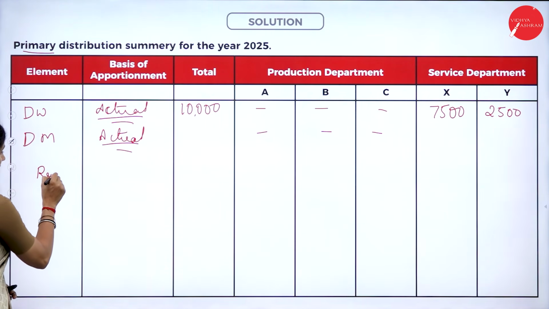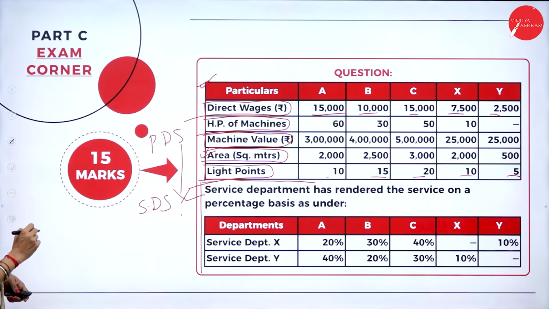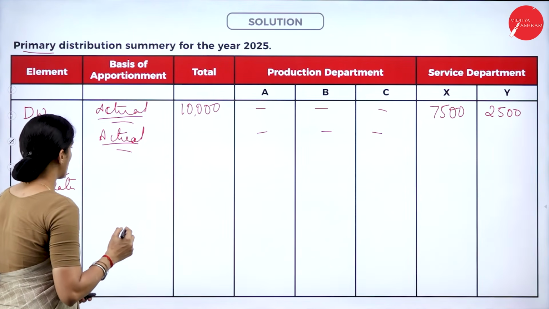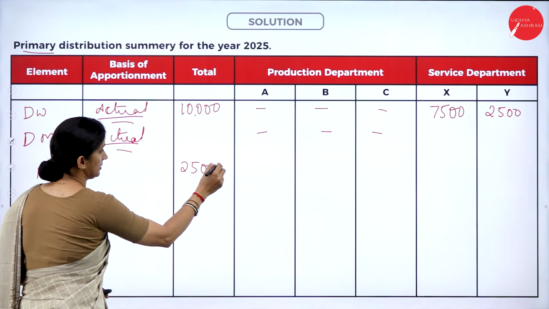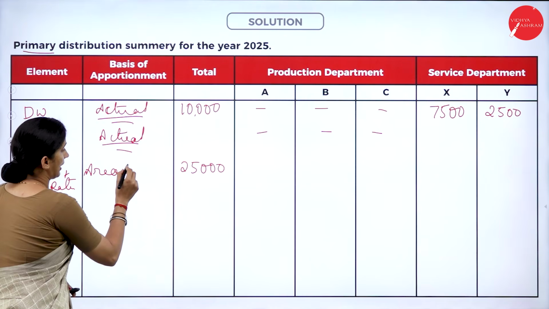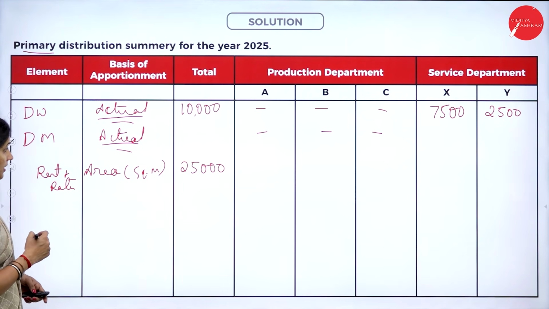Here we have rent and rates. What is the rent and rates amount? It is 25,000, so in the total column, it is 25,000. Then the basis will be the area, or the square meters. See the table here.